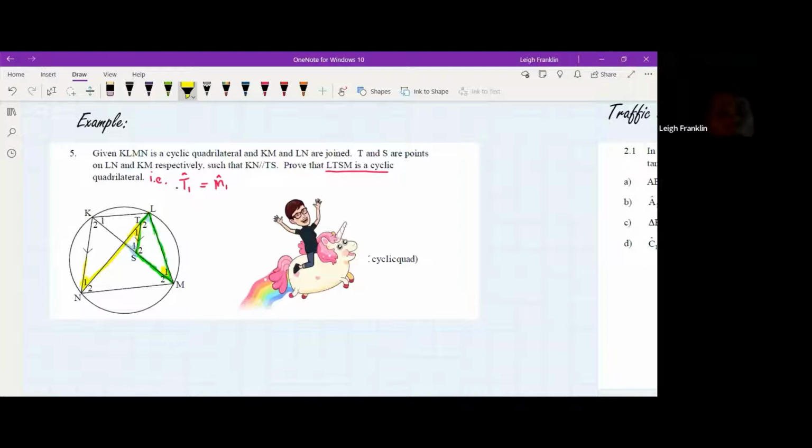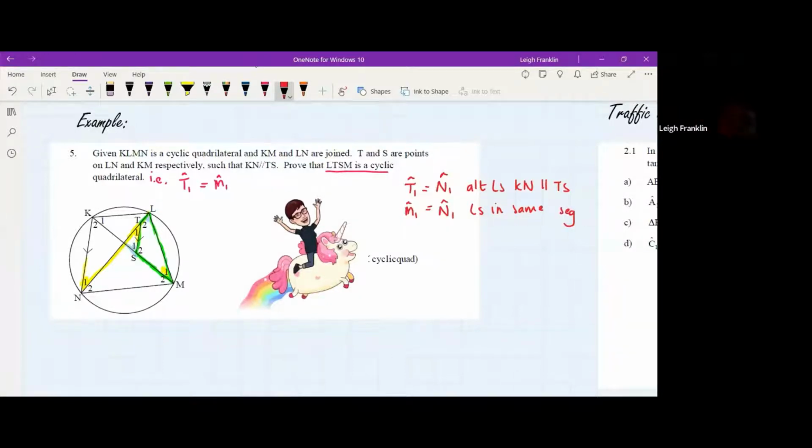So this is what we would write. We would state that T1 equals N1, alternate angles, because KN is parallel to TS. Then we would state that M1 equals N1, and the reason for that, as you told me, is they are angles in the same segment.